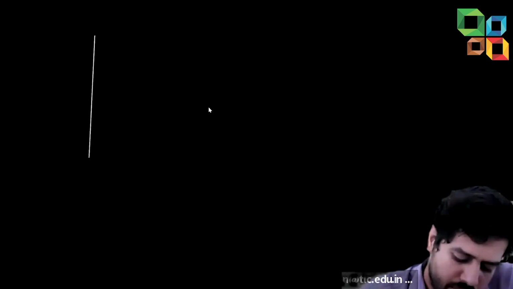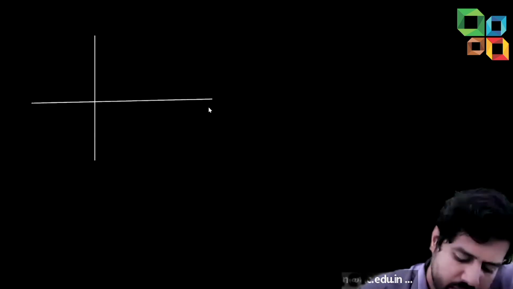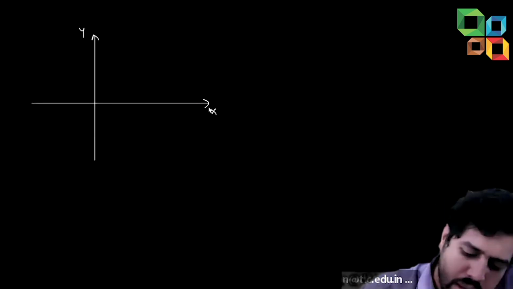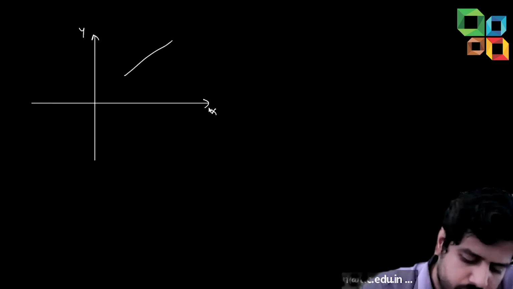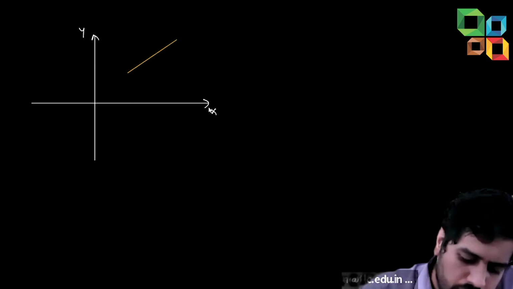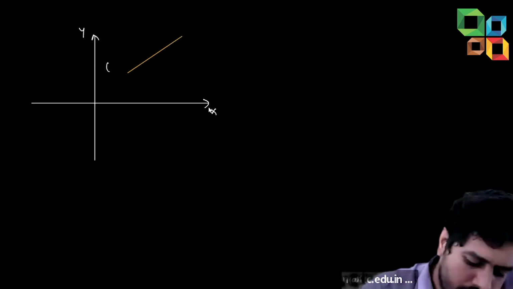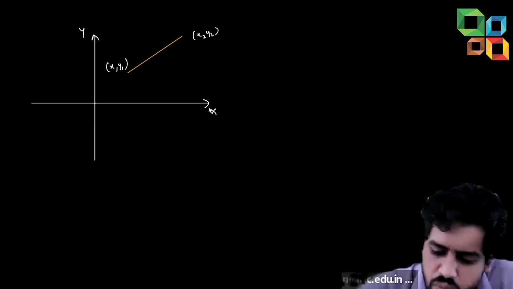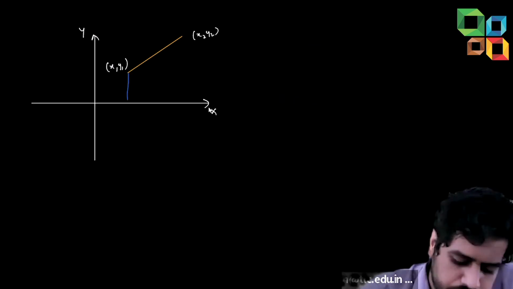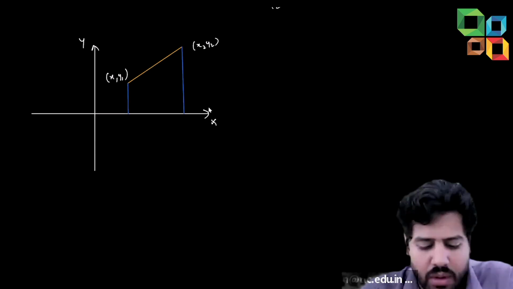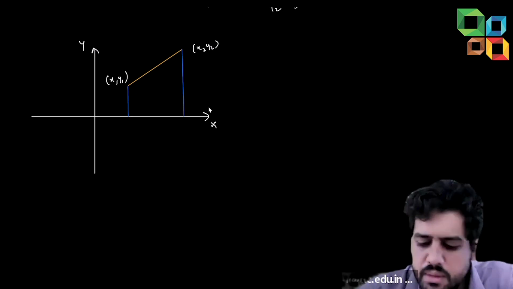distance formula. So in case you don't know what distance formula is, I will quickly introduce it to you. So suppose you have a line, okay, and its coordinates here are x1, y1, its coordinates here are x2, y2, okay, and you want to find the distance between x1, y1 and x2, y2. Okay, what do you do?